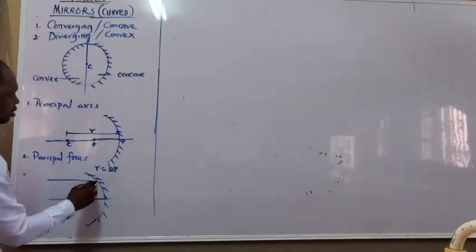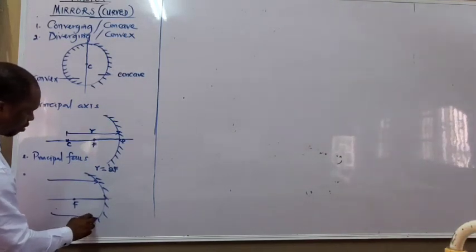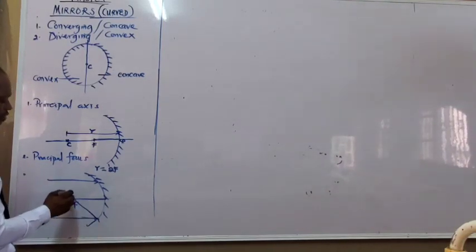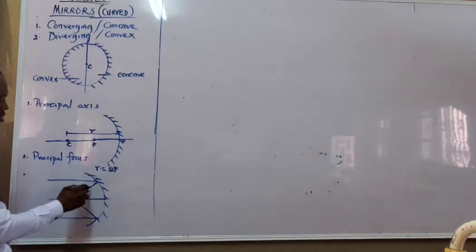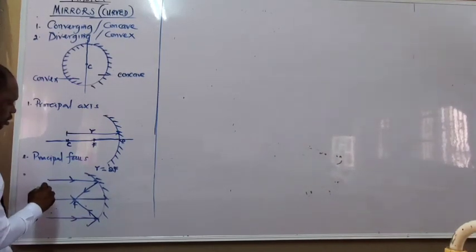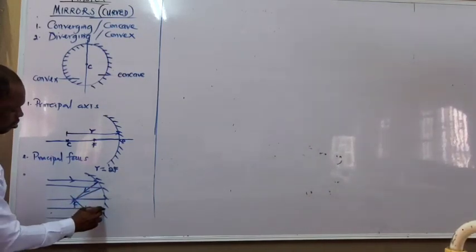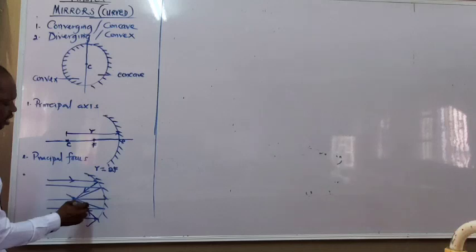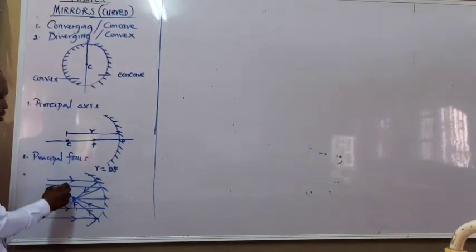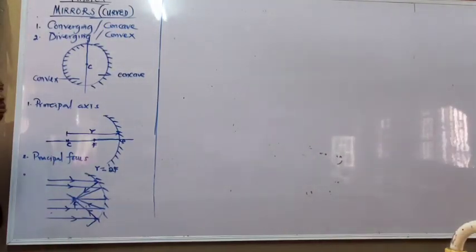All parallel rays drawn to the mirror, after reflection, will converge. Make use of arrows to show the direction of such rays. They are converging at the principal focus. This is for the case where we have the concave mirror.